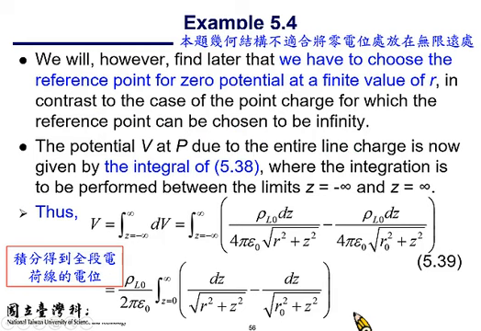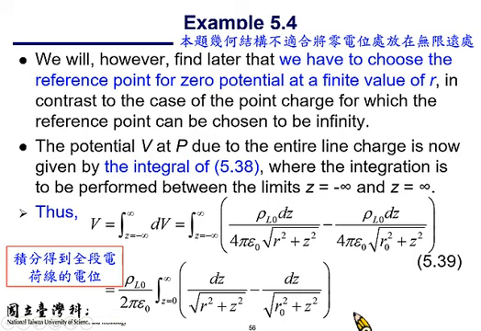Why? Because the electrical potential established by this point source is proportional to the inverse of the distance, which suggests that for those charges very, very far away from your observation point, the significance of those charges will become smaller and smaller.